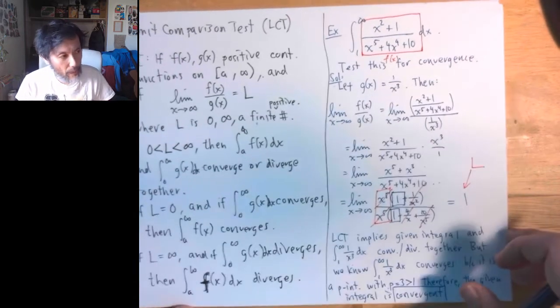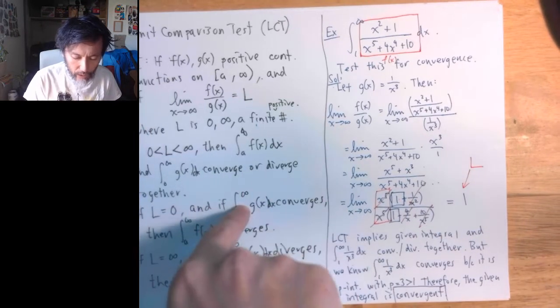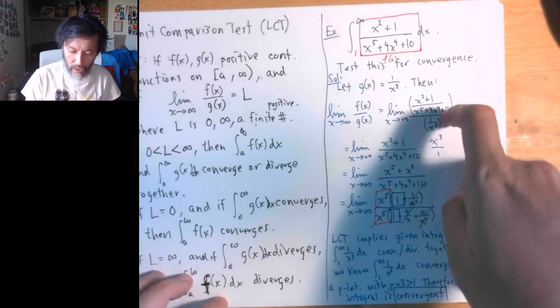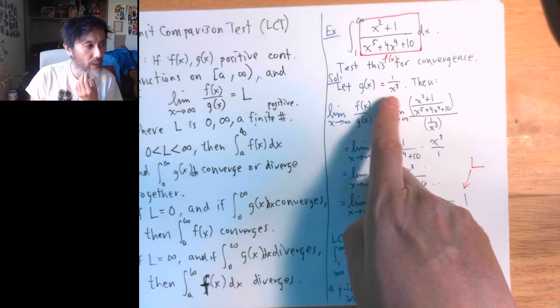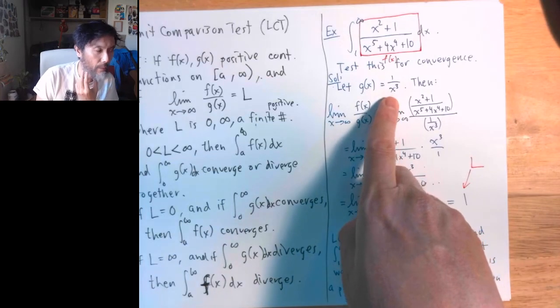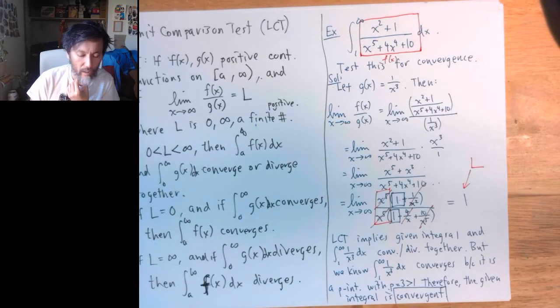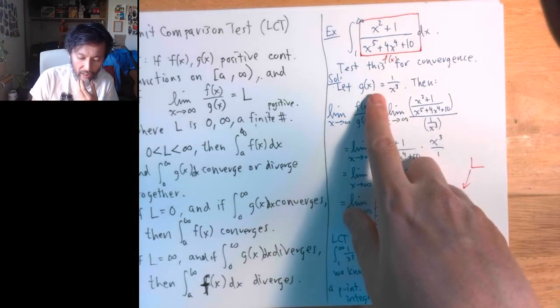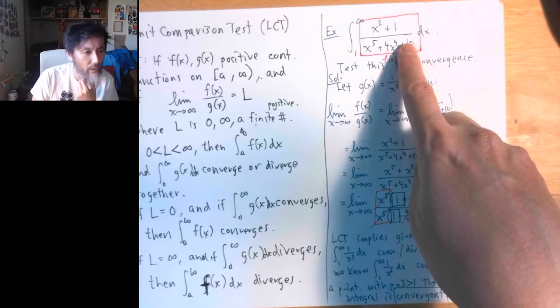Let's take a step back for a second and look at this solution again. How did we use the limit comparison test to prove that this was a convergent integral? What we did is we chose g of x wisely, and I haven't told you how I was able to choose it wisely, though some of you probably were able to divine how that came to be. But we'll talk about that more. I let f of x be the integrand of the given integral.